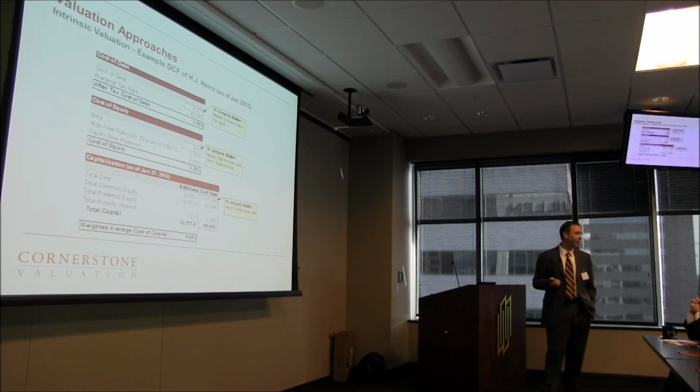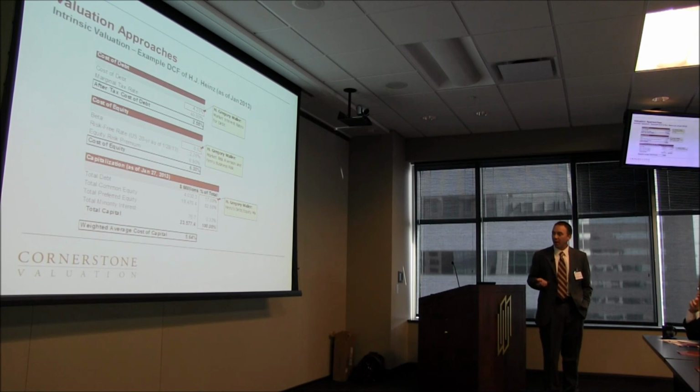They're all different, by the way, and if you want to talk about why that's the case, I'll be glad to tell you. And then what you see here is the capitalization of the firm. At the time that the firm was taken private, it was 82% equity finance and about 18% debt finance. And the weighted average cost of capital that I used was 5.64%.